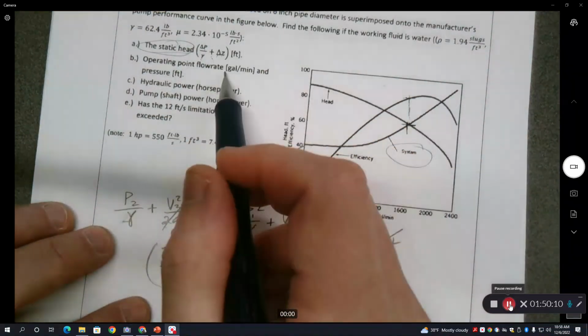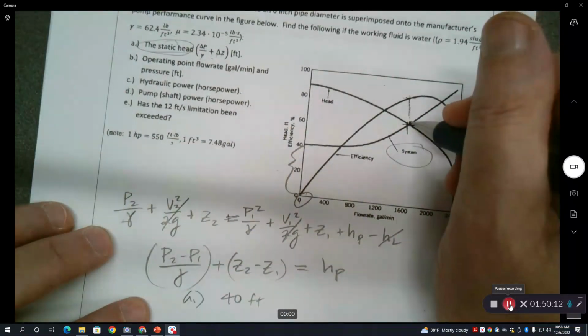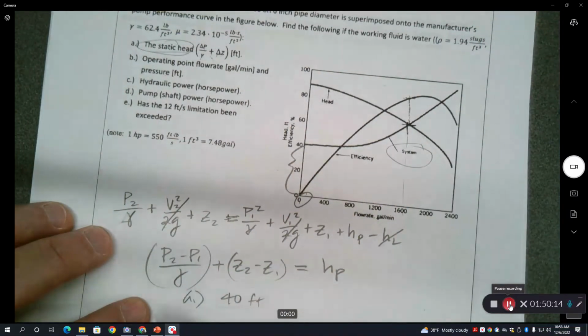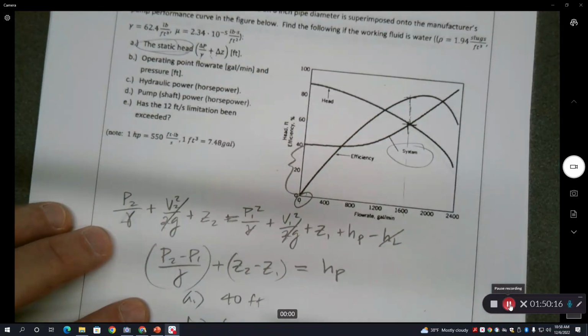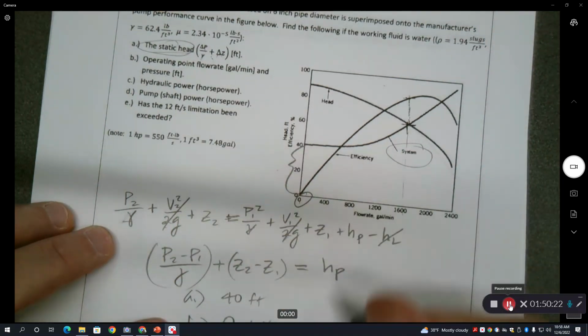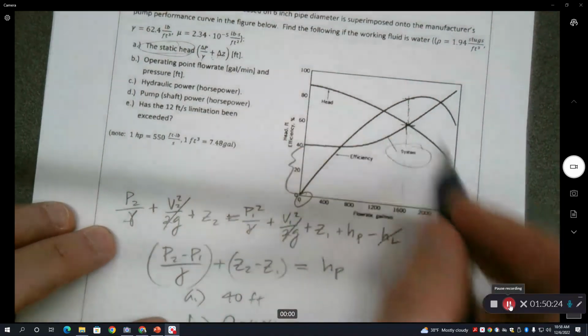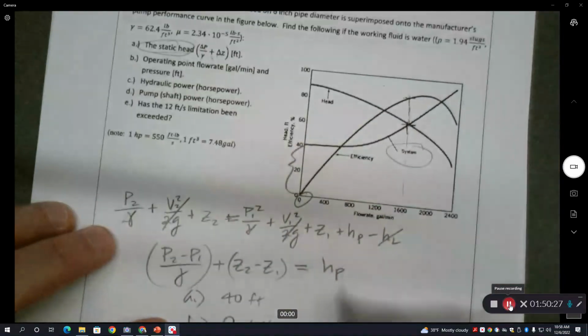The operating point, gallons per minute, and this right here, looks like it's 1600. Which makes it a silly question here. I could have put it over a pump problem that had multiple things in it, but I guess I did.